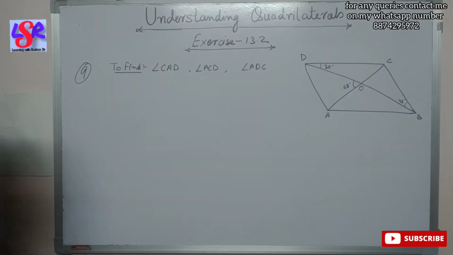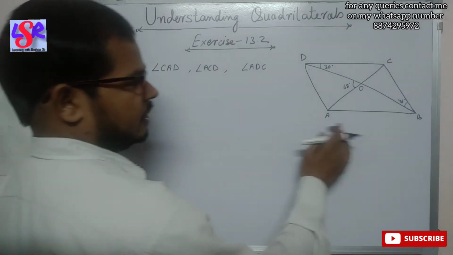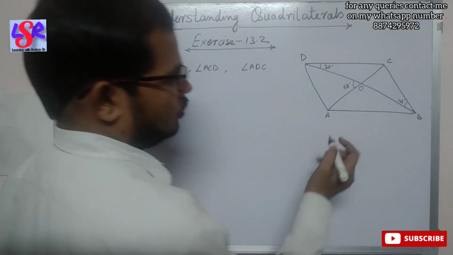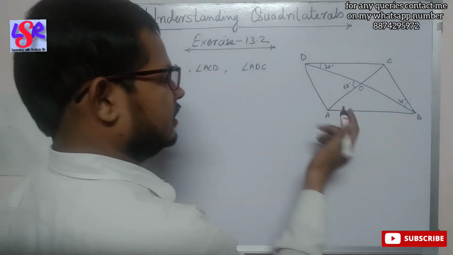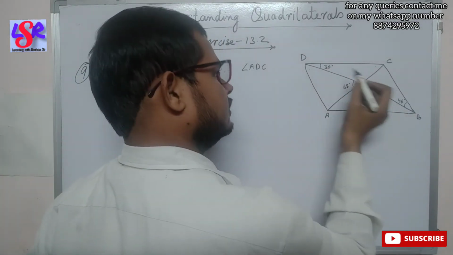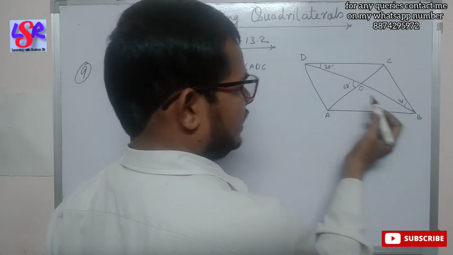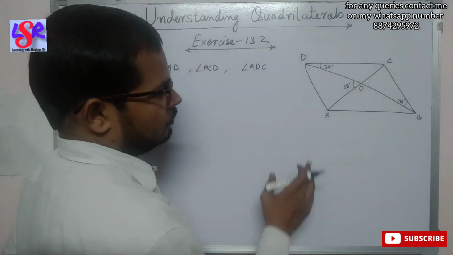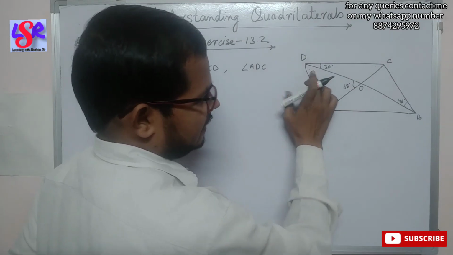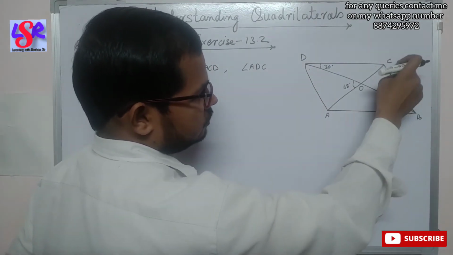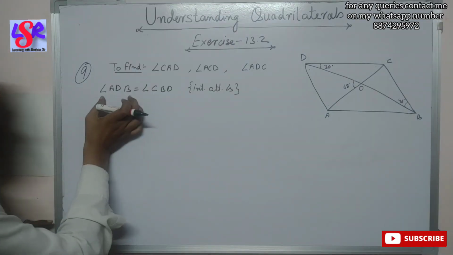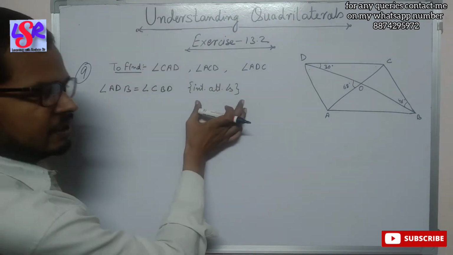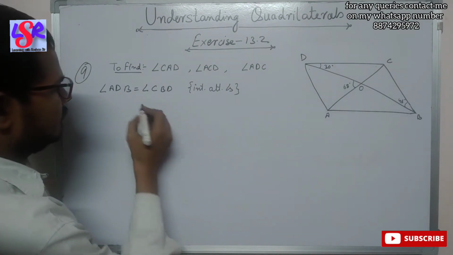Now let's move to question number 9. Here we are having a parallelogram ABCD in which we have to find the angle of CAD, ACD and ADC. And we have been given with the angle AOD, angle CDB and angle CBD. Very first of all, we can find out this angle as angle ADB, which is equal to angle CBD as interior alternate angles. Here we have angle ADB equals angle CBD as interior alternate angle, which is equal to 46 degree.